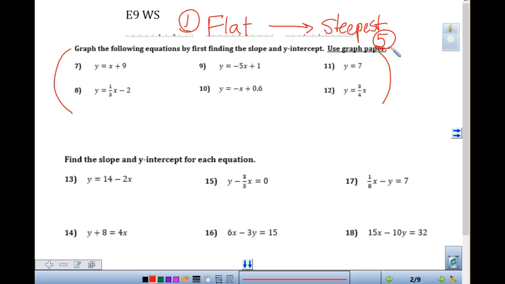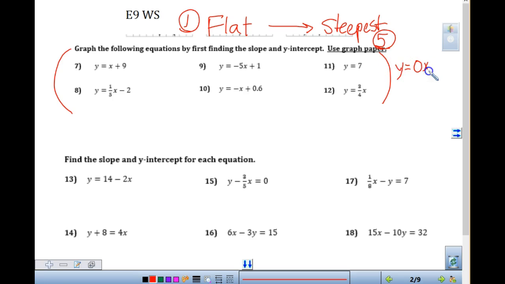What's my flattest one? Jerica, you got it? 8. No. There's one flatter. Isaac, got it? 11. Did everyone agree with 11? Yes. What's the slope in 11, Isaac?